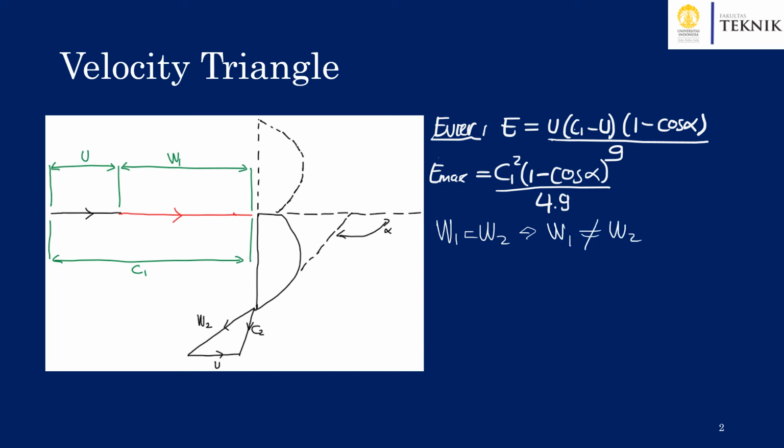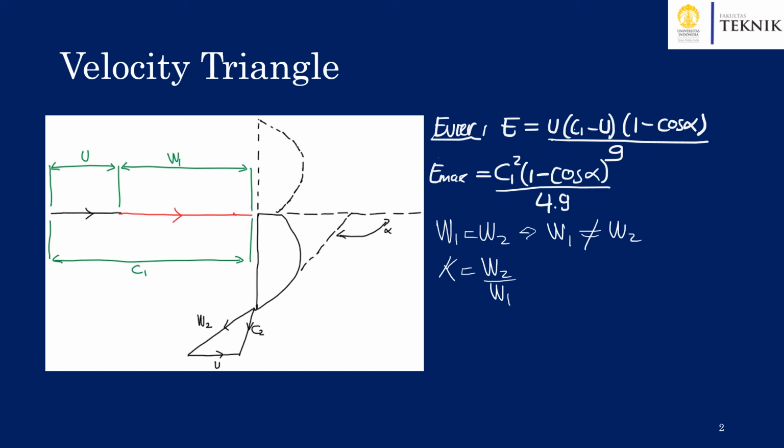There is friction, which causes a ratio between W1 and W2, and we know this ratio as K, the relative velocity ratio between inlet and outlet.